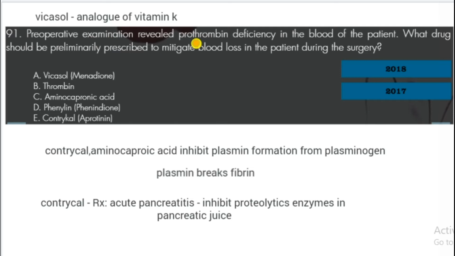Preoperative examination revealed prothrombin deficiency in the blood of a patient. What drug should be preliminarily prescribed to mitigate blood loss in the patient during surgery?